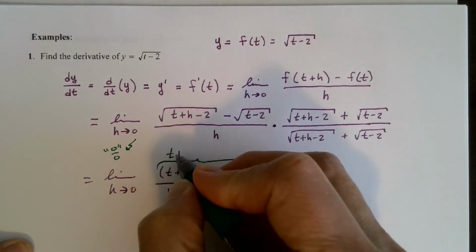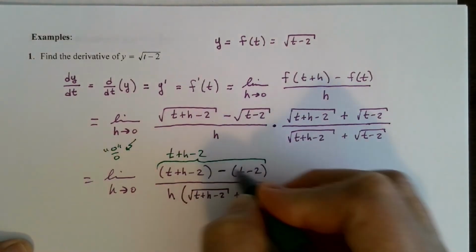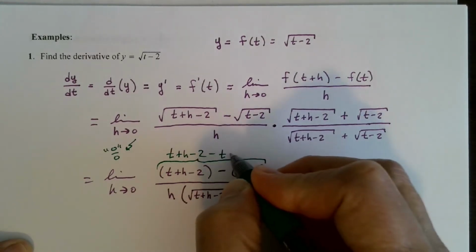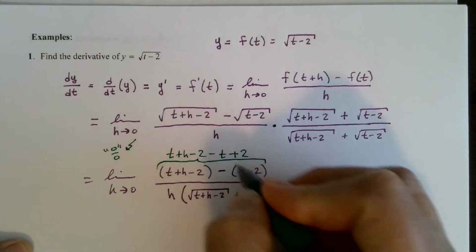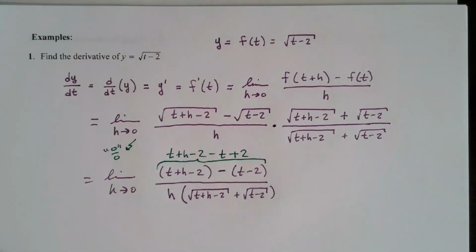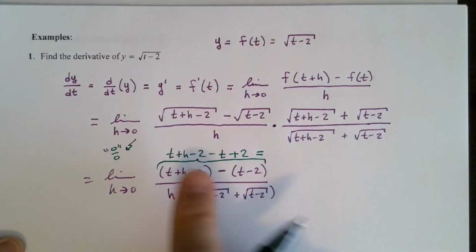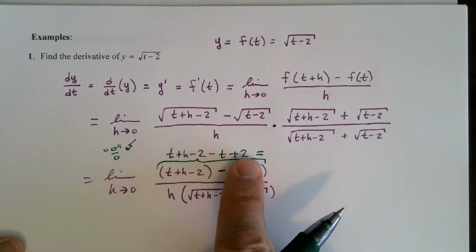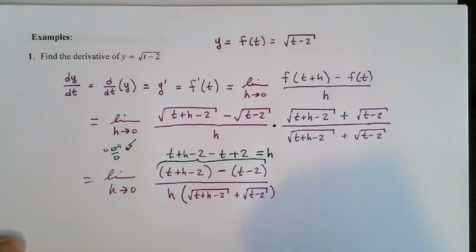I get t plus h minus 2 minus t plus 2. All right, make sure we see that. And then what's all that simplify down to up top? t minus t, negative 2 plus 2, I'm just left with h.